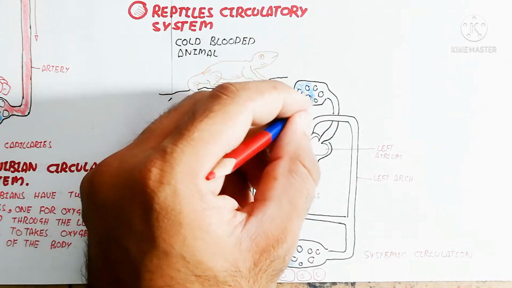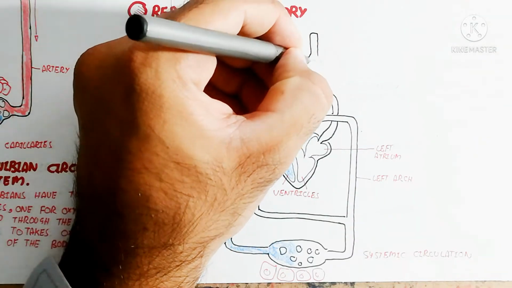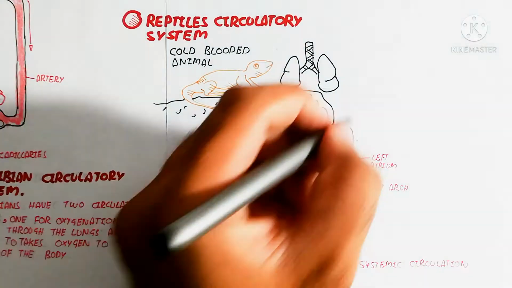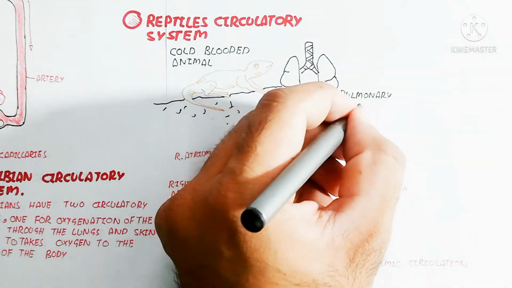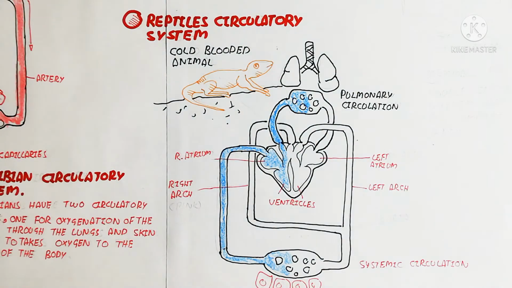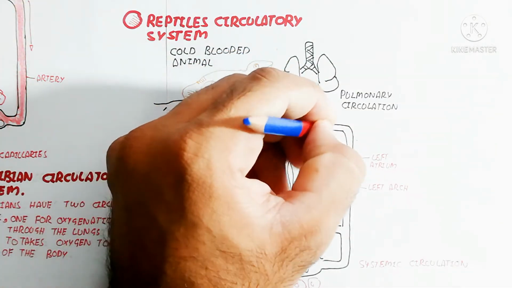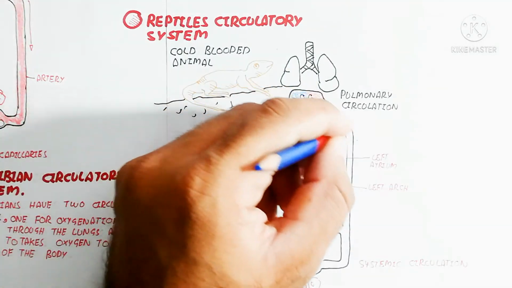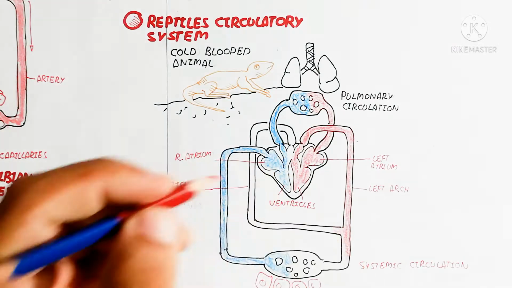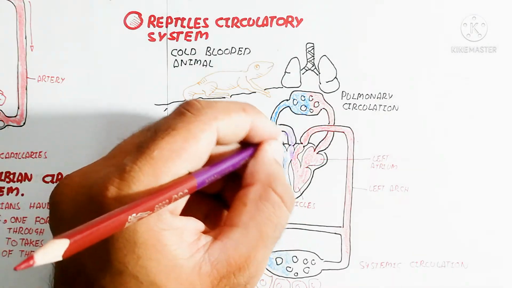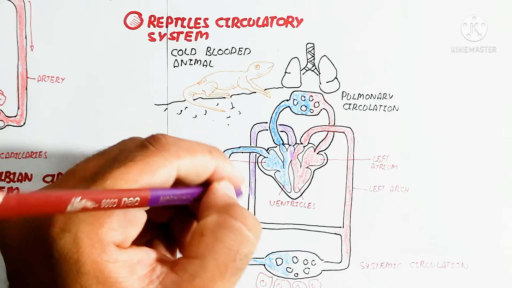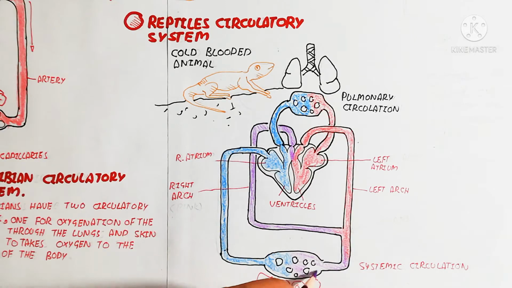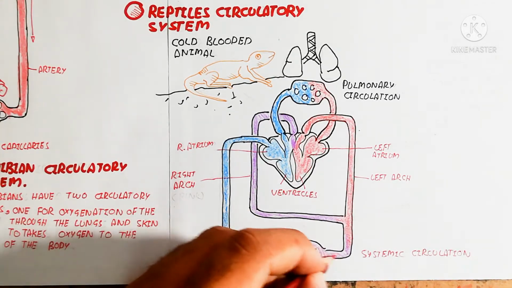The deoxygenated blood goes again into the lungs, through the pulmonary artery to the pulmonary vein, and ultimately into the left atrium, while the left ventricle allows it to enter as well. During the movement of the pulmonary artery and the left arch, the oxygenated blood moves into the left arch and right arch.